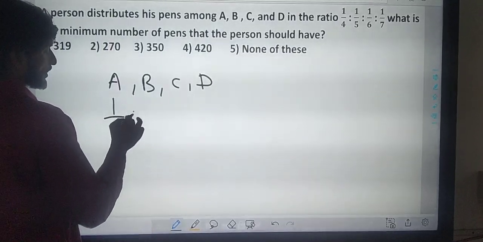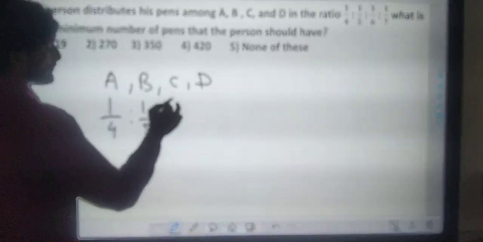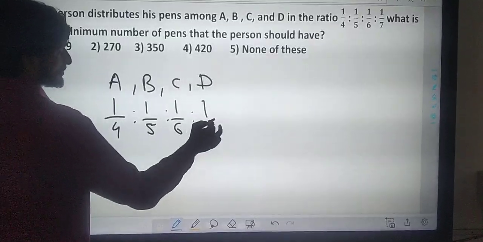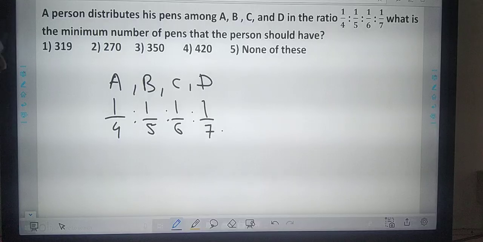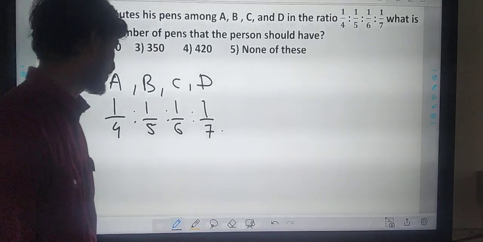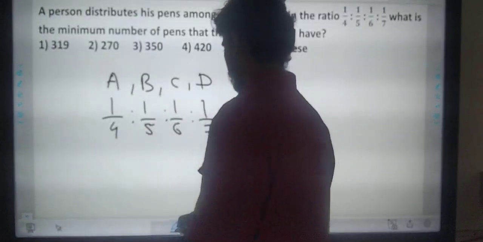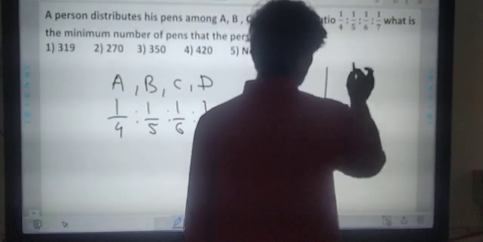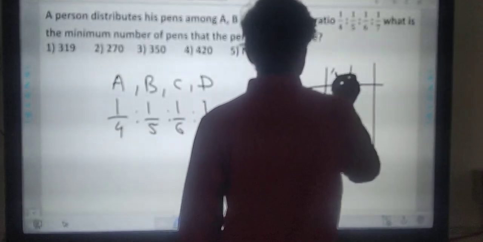Here 1/4 : 1/5 : 1/6 : 1/7. Then we get the LCM of 4, 5, 6, 7. We find the LCM of 4, 5, 6, 7 here.